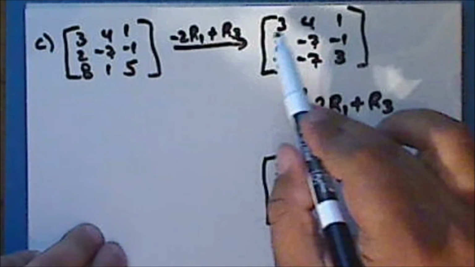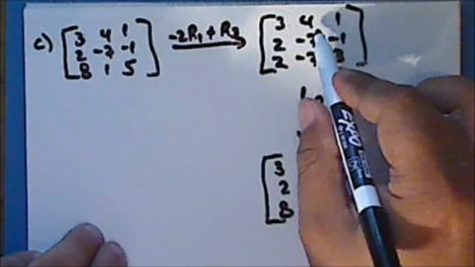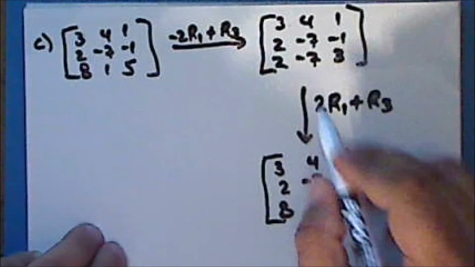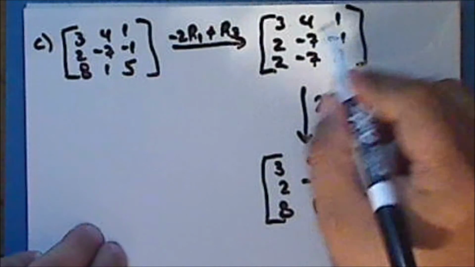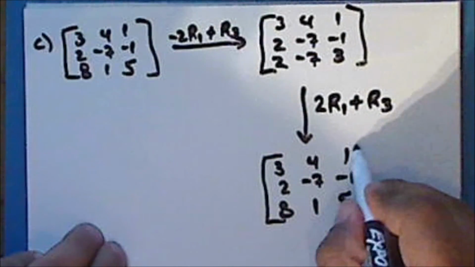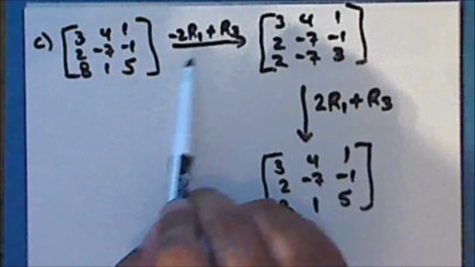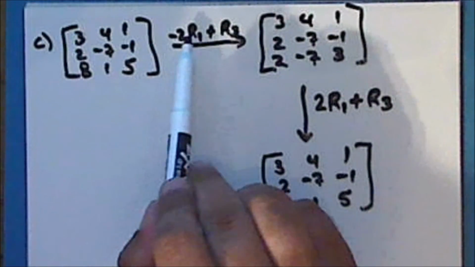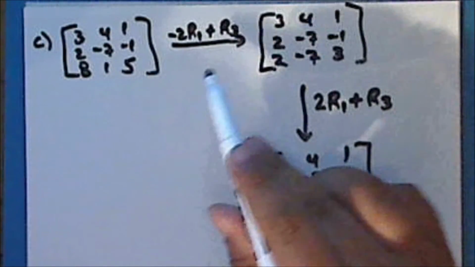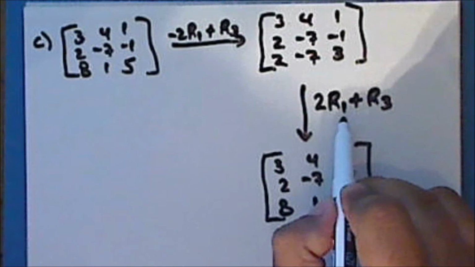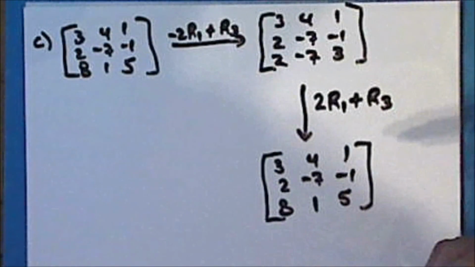And row 3 is 6 plus 2, which is 8, 8 minus 7, which is 1, and 2 plus 3, which is 5. And so by applying the elementary row operation, -2 times row 1 plus row 3, and then following by the inverse of that row operation, 2 times row 1 plus row 3, we obtain the original matrix.